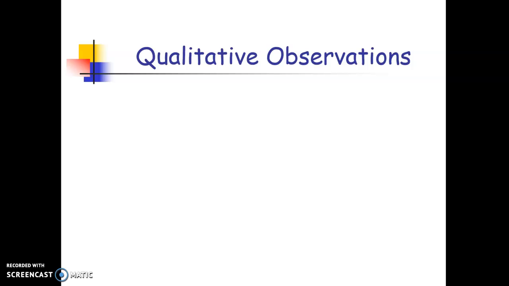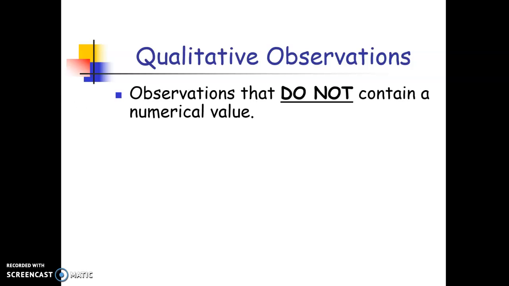A qualitative observation is an observation that does not have a number. It could be describing the color of something, or the shape, the texture, or the smell. So this is an observation that does not contain a number. By saying the sky is blue, that is a qualitative observation.